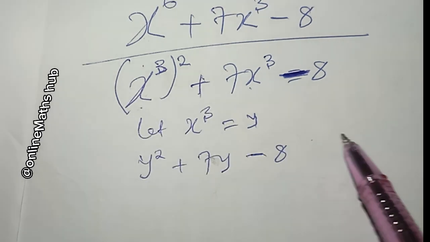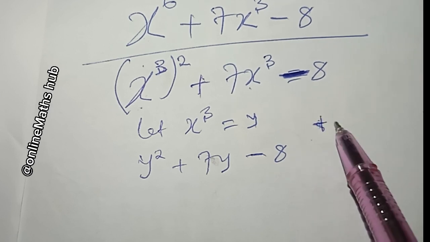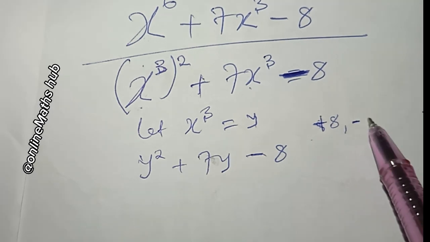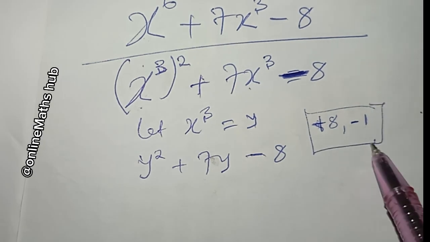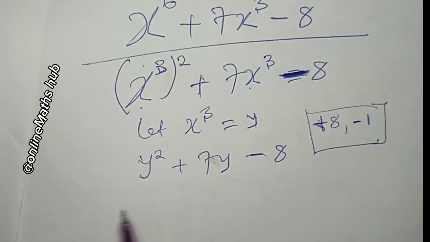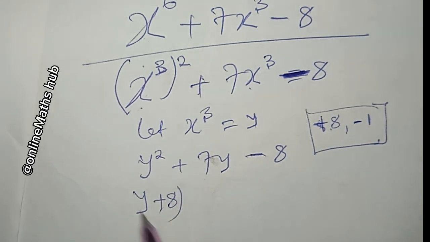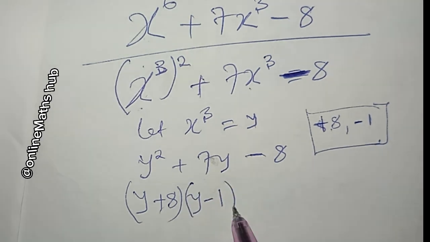When you multiply them, it gives you minus 8, and when you add them it gives you a positive 7. Having gotten the two factors, I'm going to do y plus 8 and y minus 1.